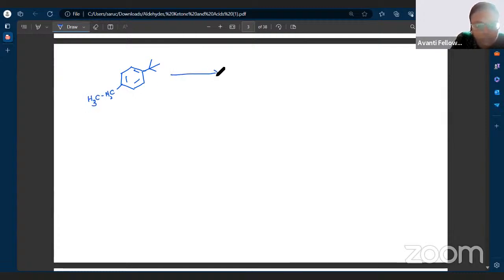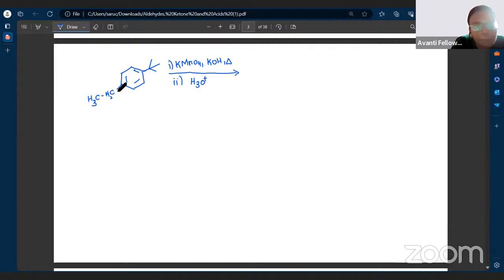And here you're going to treat it with KMnO4, KOH, and you're going to heat it. And in the second step, you're hydrolyzing it. So what would be the product you'll be getting? You have an arene, with a side chain which contains the alkyl part.